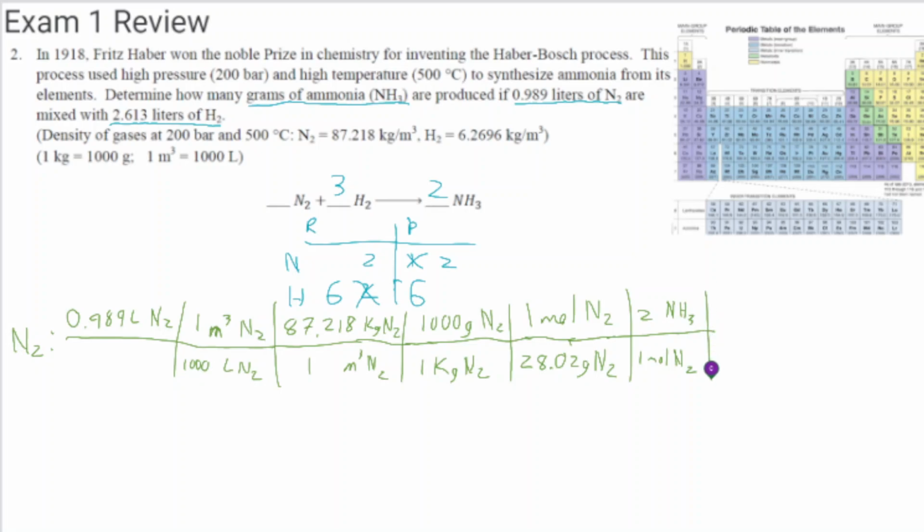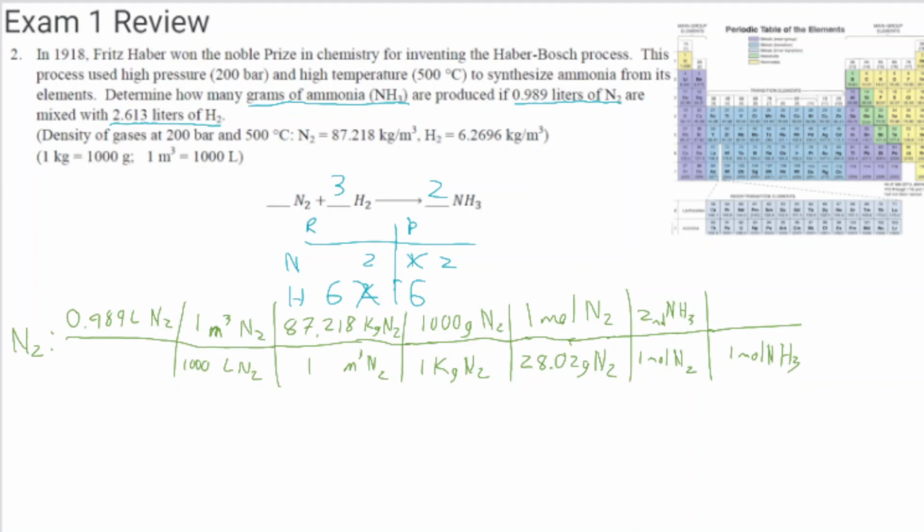All right. Now our question was asking us for grams of ammonia produced, or grams of NH3. So we have one last step to go from moles of NH3.